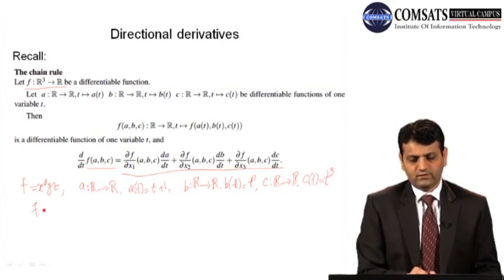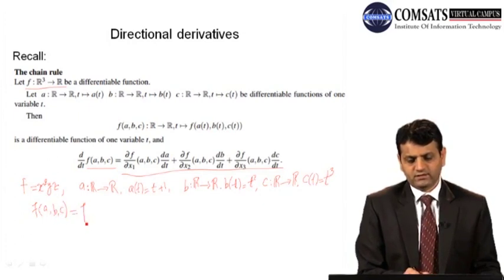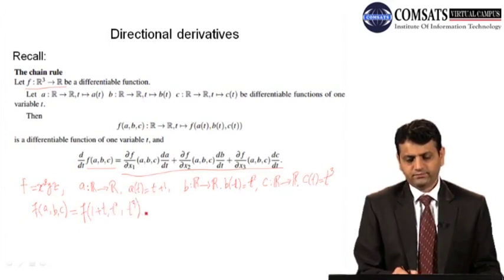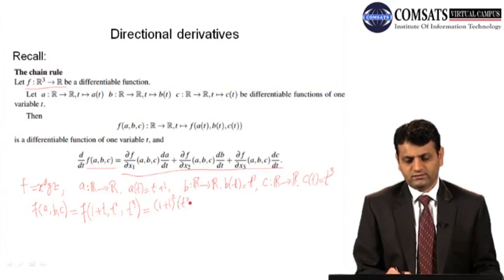Then what is f of a, b and c? It's the same as f of 1 plus t, t square and t cube, which is the same as 1 plus t whole square, t square and t cube, which is going to be equal to t raised to power 5 into 1 plus t square.